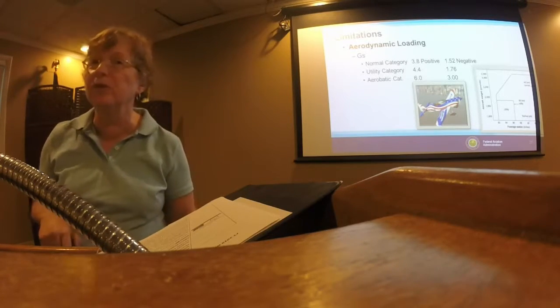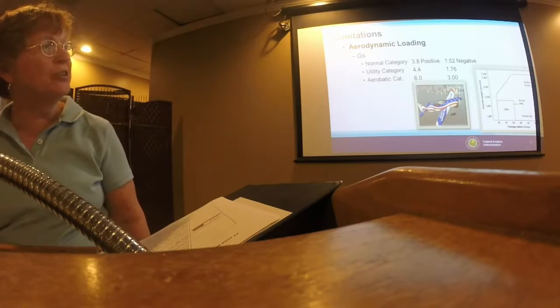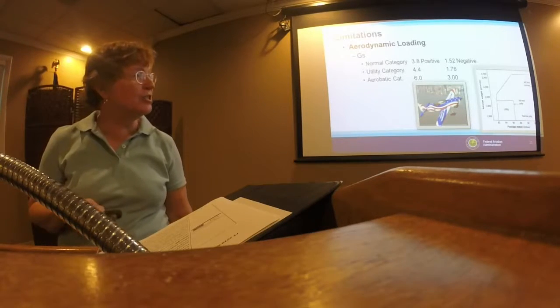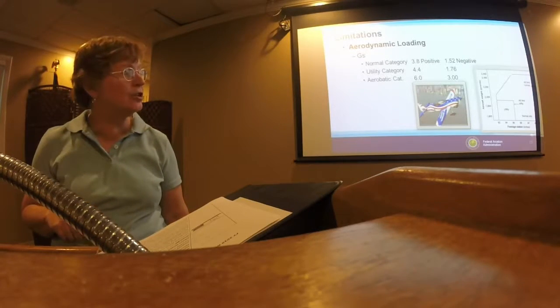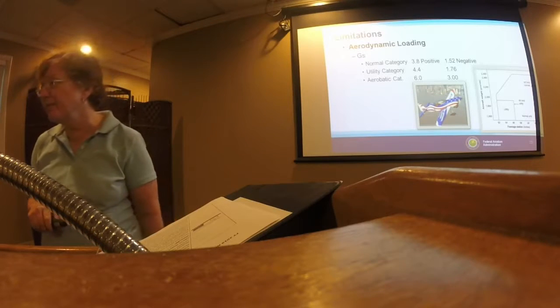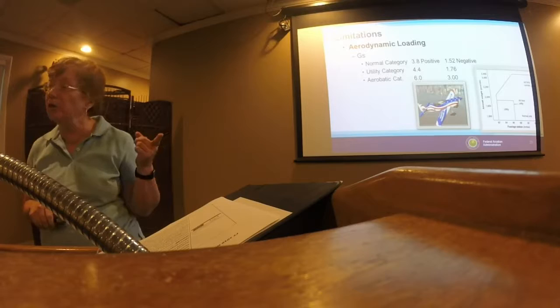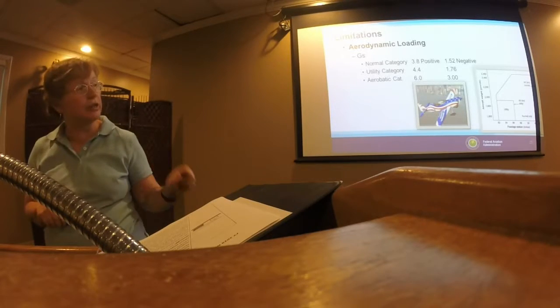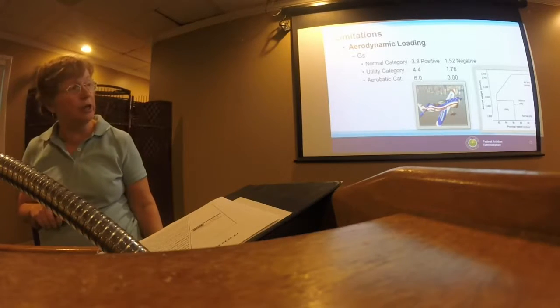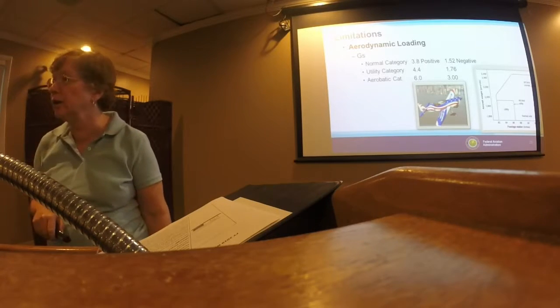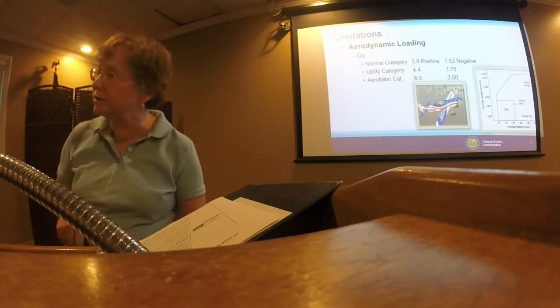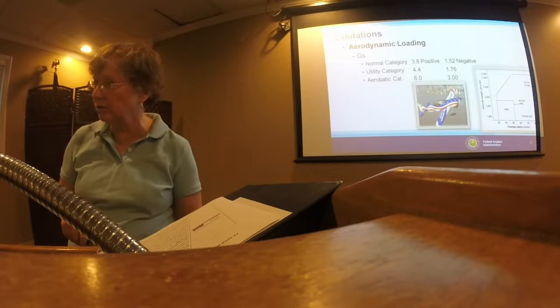They don't look that different from the normal ones. In some cases, this happens to be the chart for the Warrior. You can see that the Warrior is actually normal category with a subset, a very forward and low weight loading. You can do some things that you can't do in normal category.